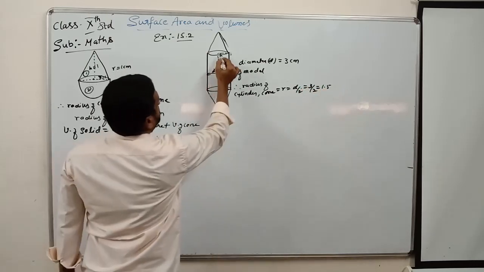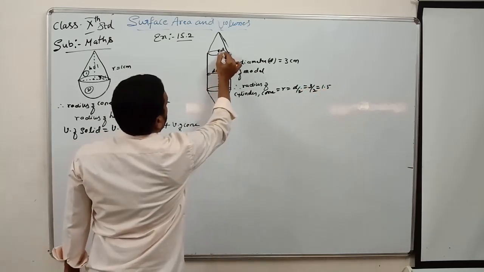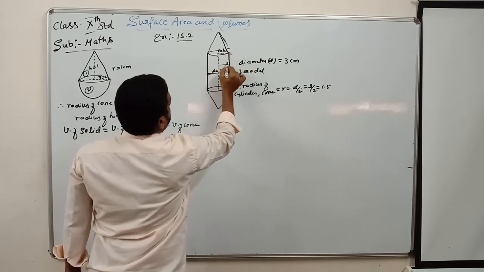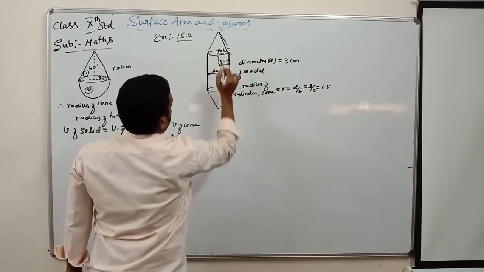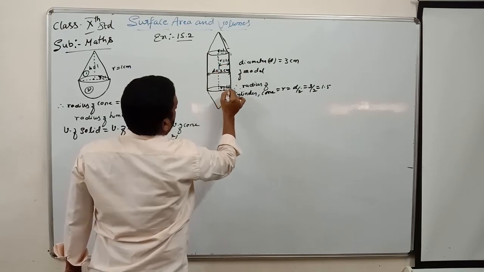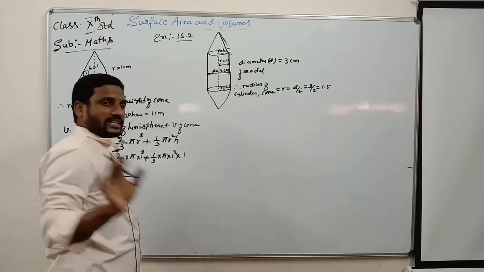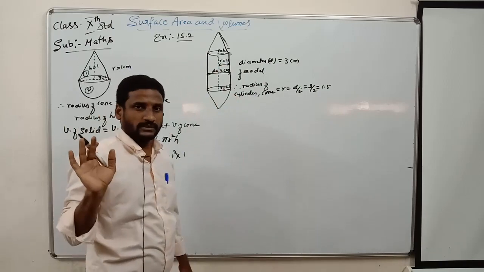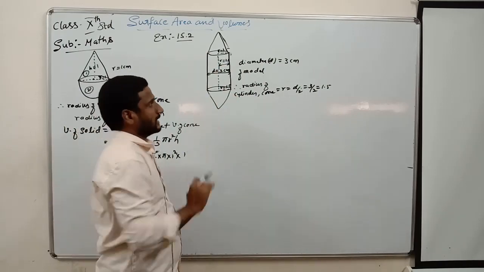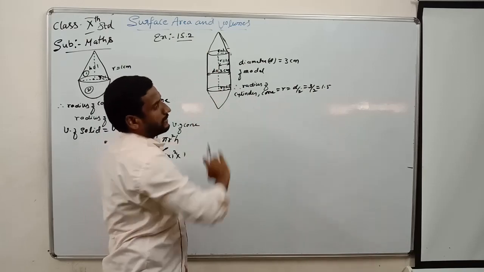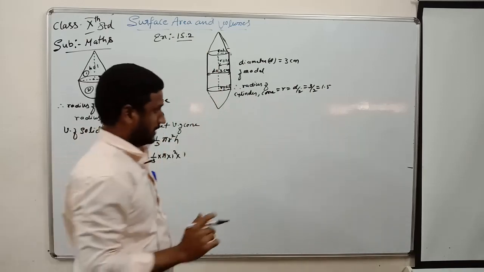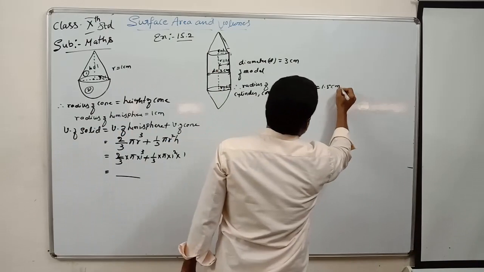So the cylinder radius is r equal to 1.5, and the cone also has r equal to 1.5. All the radii are the same because the diameters are the same. The diameter of the model is 3 centimeter, therefore the radius is d by 2, that is 3 by 2, nothing but 1.5 centimeter.